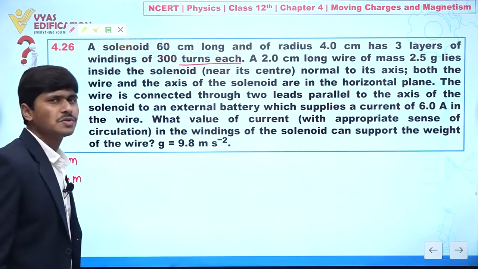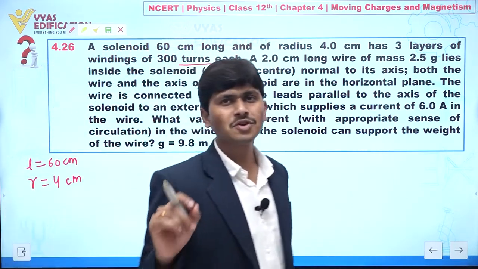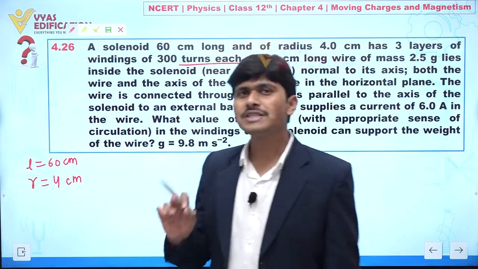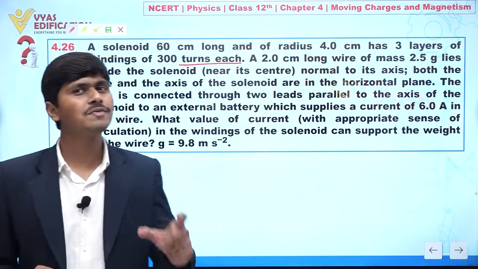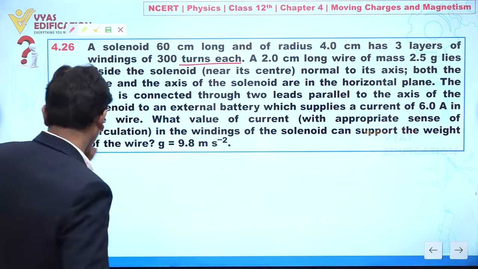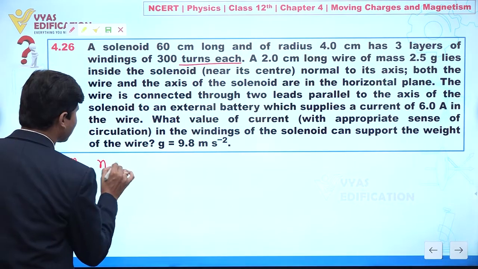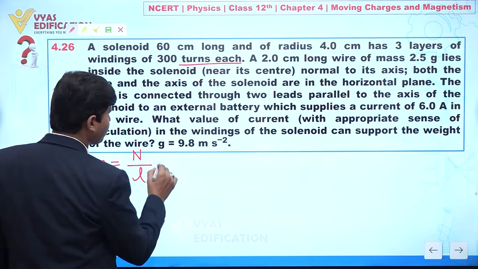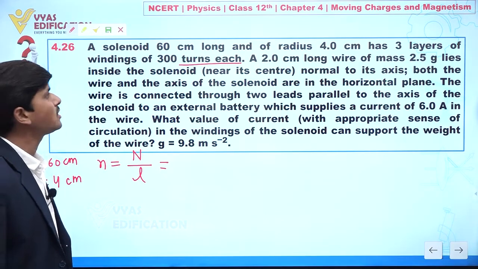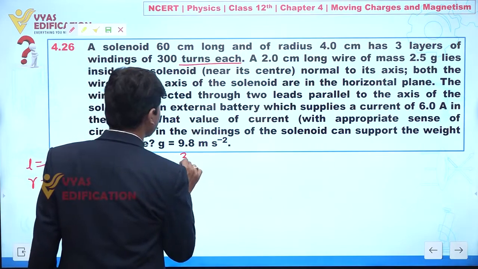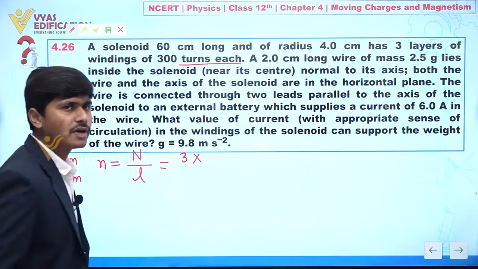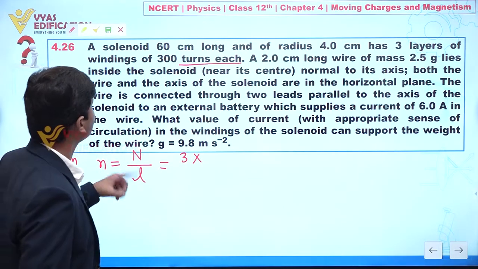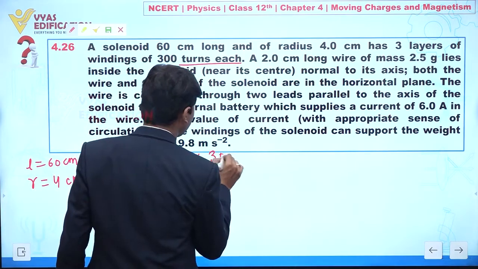So whenever the term solenoid comes to our mind, always keep in mind that you have to find the number of turns per unit length. Can we calculate the number of turns per unit length? Number of turns divided by unit length. But it is also given that we have 3 layers, and in one layer we have 300 turns.